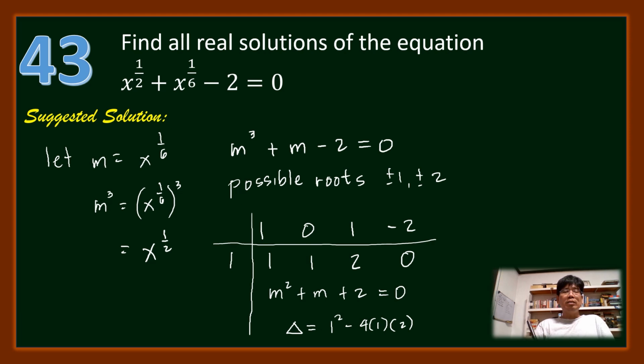A is 1, the coefficient of the leading term. B is 1, the coefficient of the second term. And c is 2, the constant term. This is equal to negative 7. A discriminant that is less than 0 means the roots of this quadratic equation are complex conjugates, and these are not rational roots. Therefore, there is only one rational root to the equation, and that is m is equal to 1.